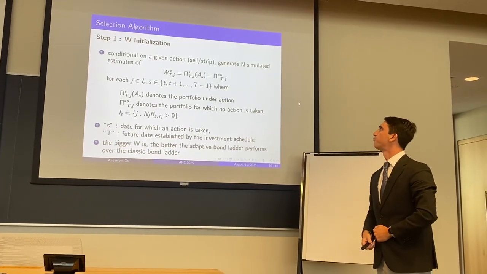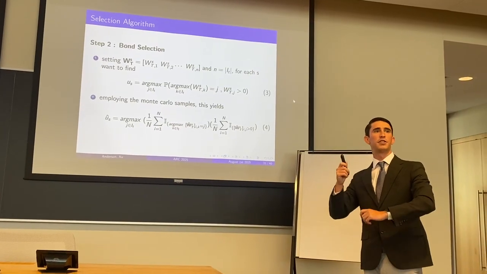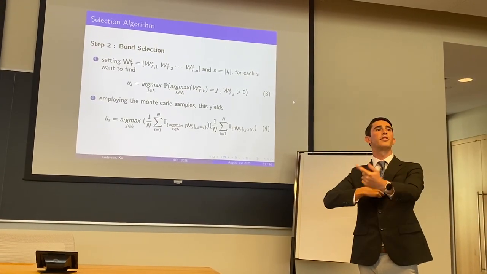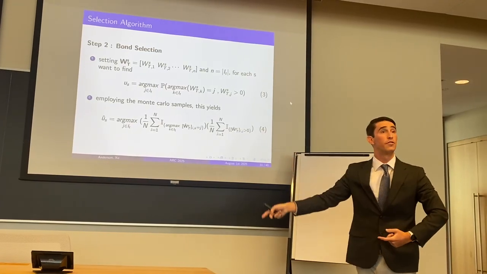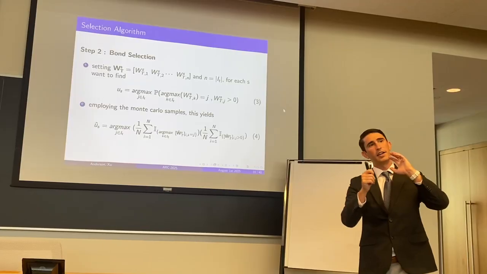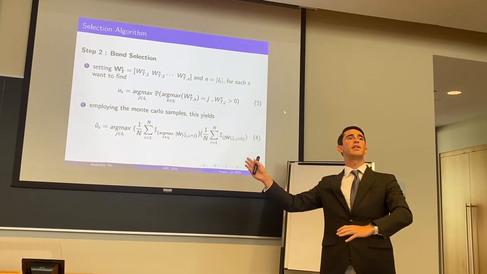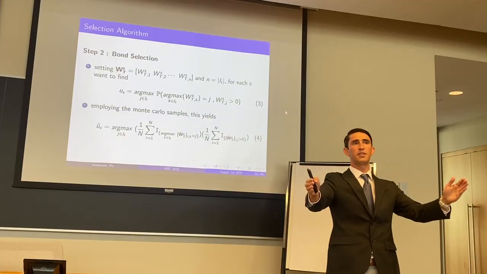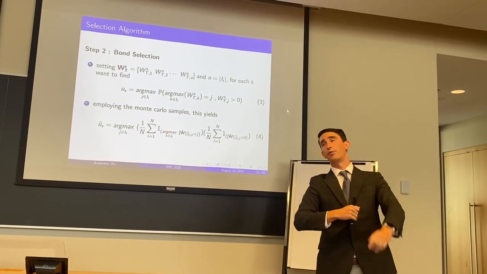Upon initializing these W functions, which we do using Monte Carlo simulation with the forecasts from our Kalman filter, we try to find the most optimal bond to sell or strip. In this case, we condition on a given action, and then we only decide which action will work at the end, which I will get to shortly.